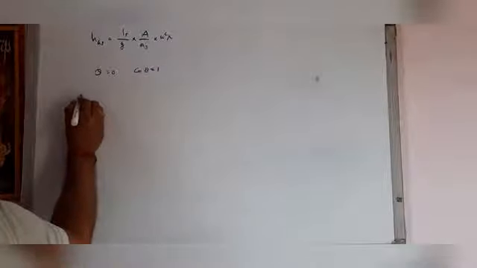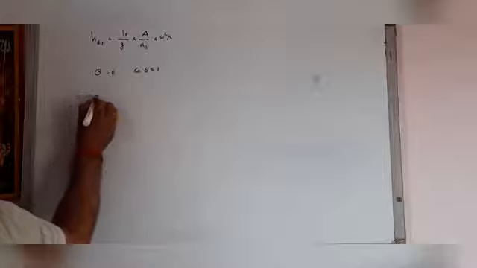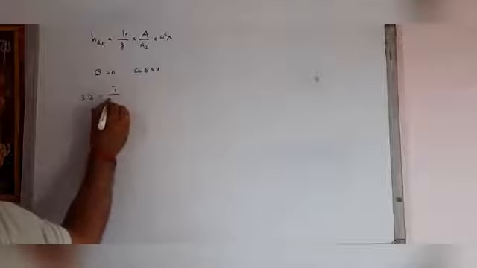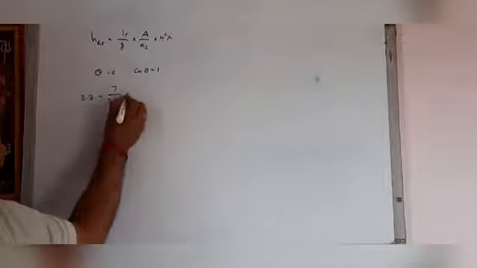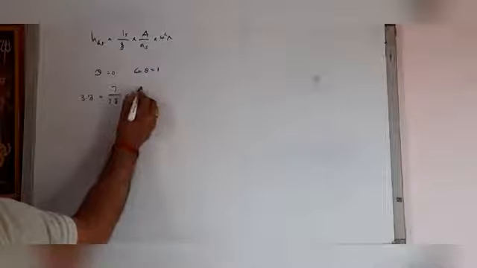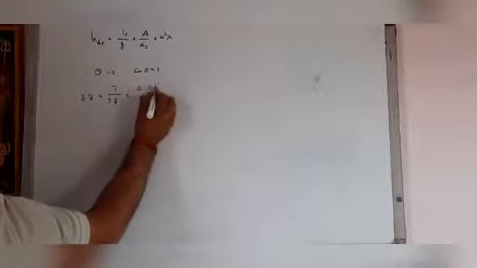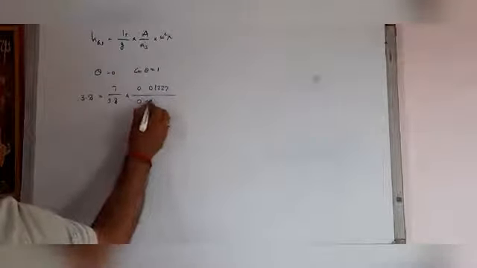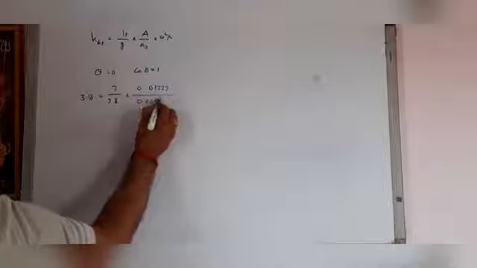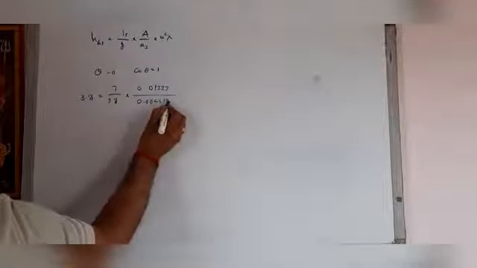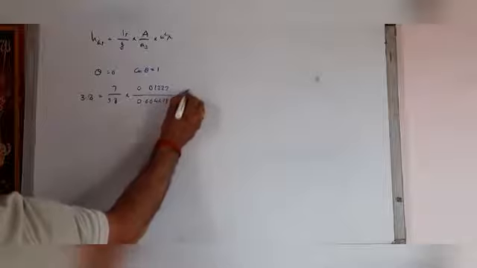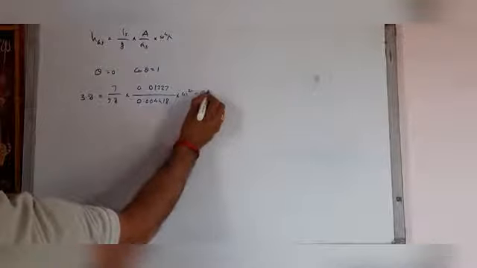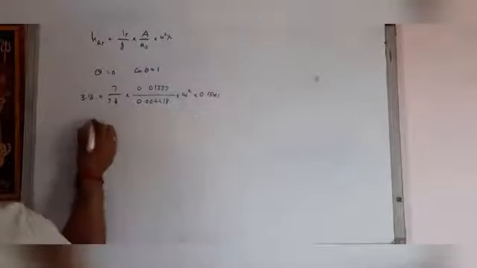Putting the values in this equation, 3.8 equals 7 by 9.8 into 0.01227 by 0.004418 into omega square into R, which is 0.15, into 1.